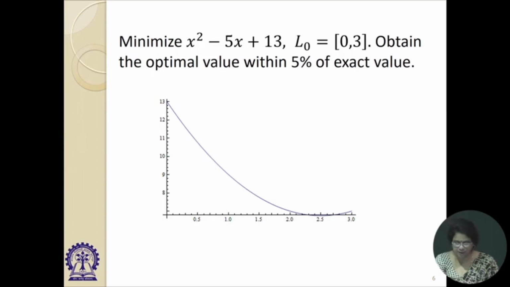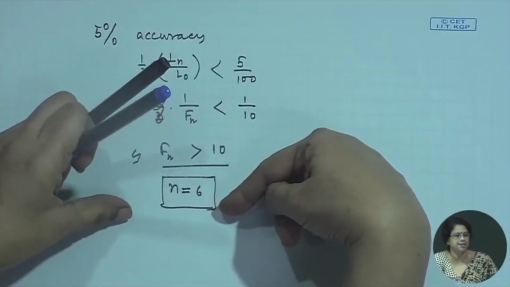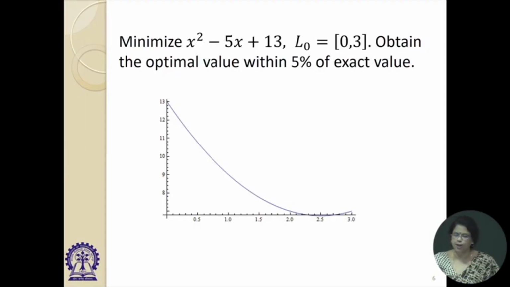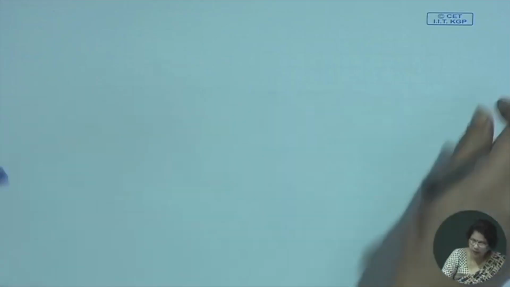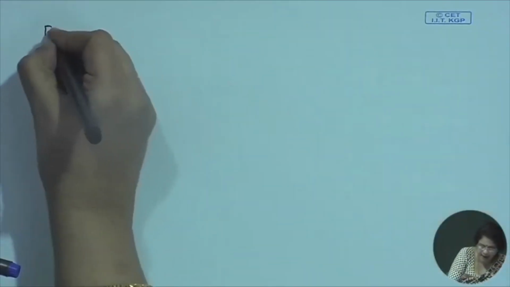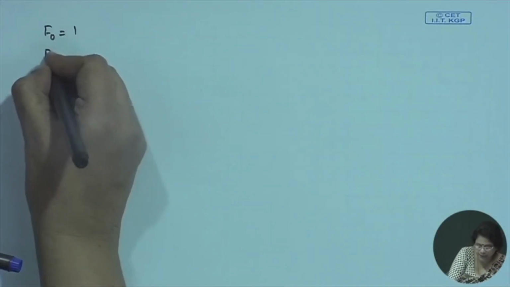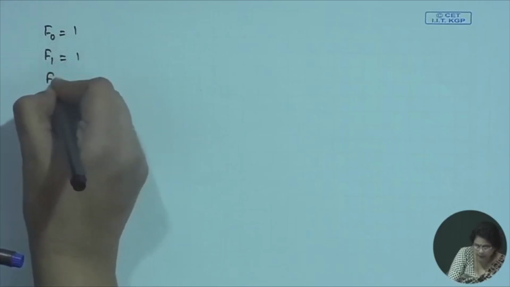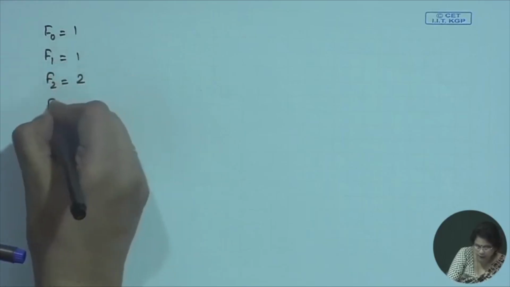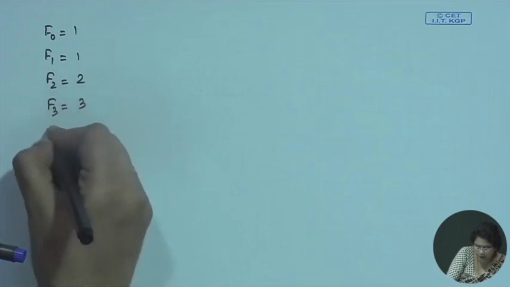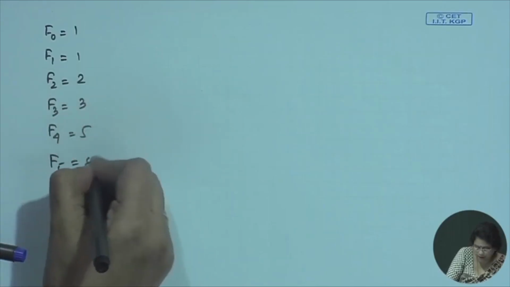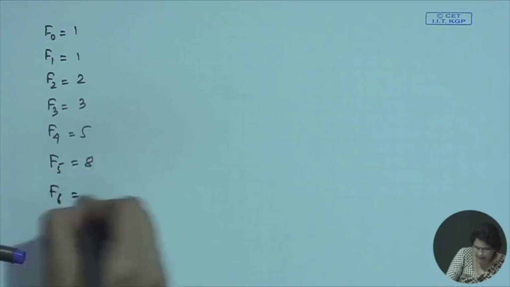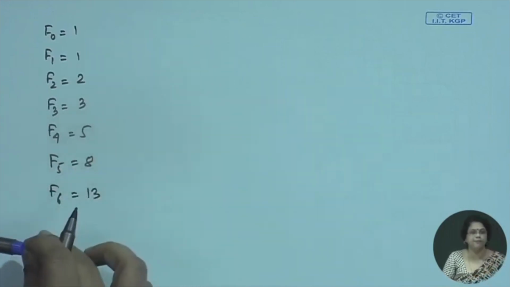That means, as I was mentioning, I need to do 6 iterations. Let us start the process of calculating this. Let me quickly write down the Fibonacci values: F2 is equal to 2, F3 is 3, F4 is 5, F5 is 8, F6 is 13. I will reach up to F6.